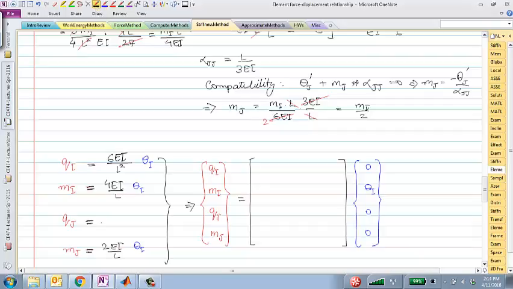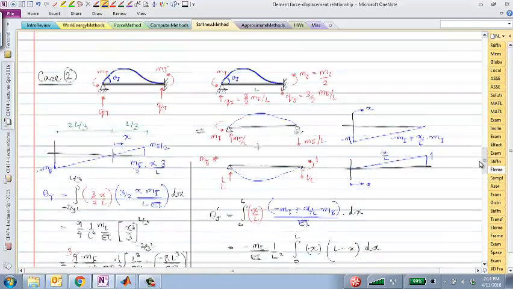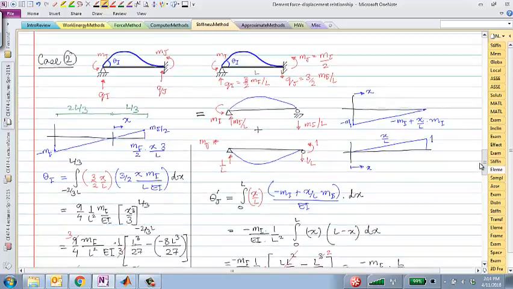So we get minus 6 EI over L squared times theta I. And let's make sure that it's the right direction. Yep.